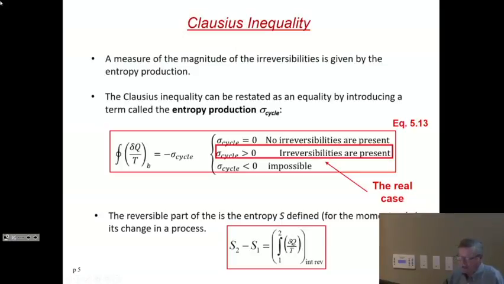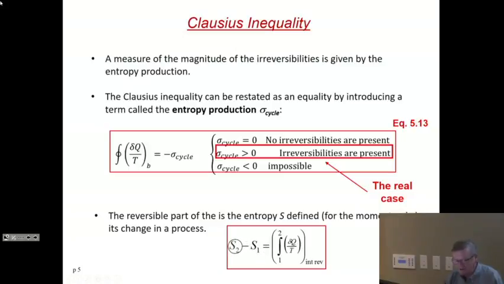We do that because if the cycle is ideal, with no irreversibilities, this is 0, the integral over the cycle is 0, which then means that this quantity, delta Q over T, is an equation of state. We like equations of state because we can look them up in the tables. So the reversible part, setting that to 0, is then defined by transformations across a process.